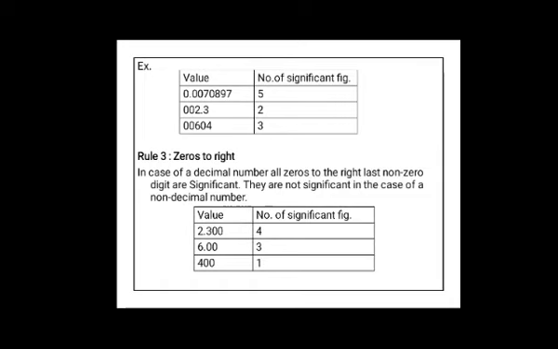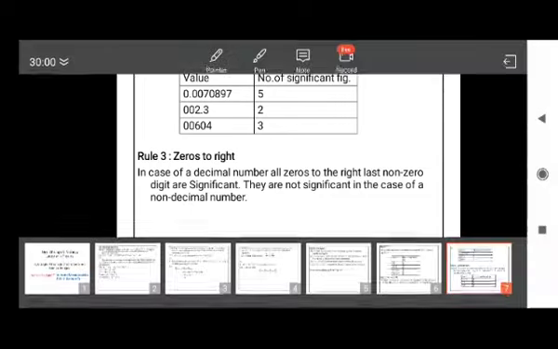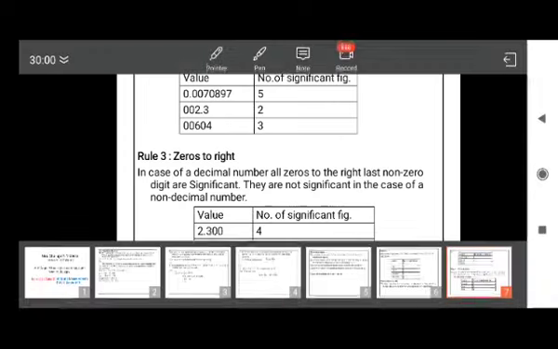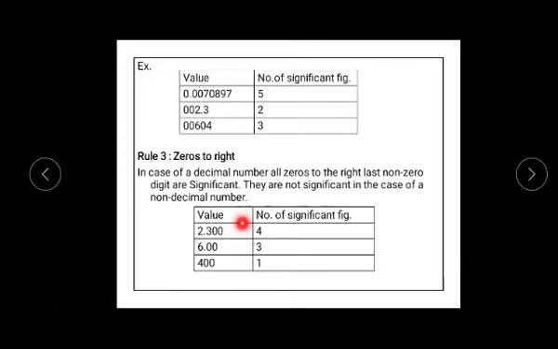Okay. So it is a decimal number. Here, in case of decimal number, all zeros to the right of the last non-zero digit are significant. Last non-zero digit means here it is 3. After 3, 2 zeros are written. So all these are significant now.